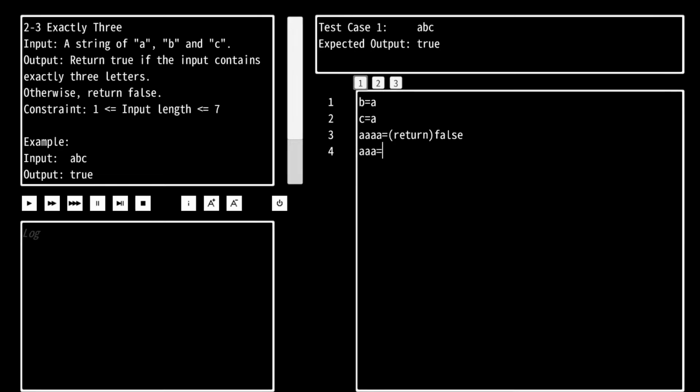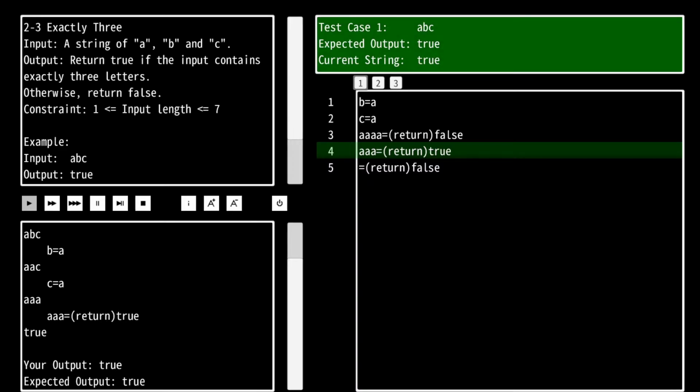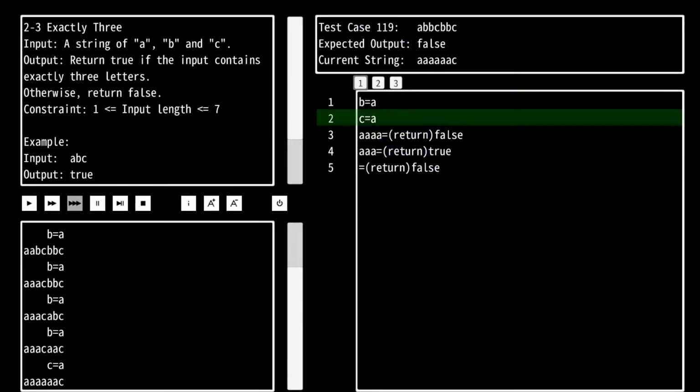If there's exactly 3 A's, we return true. Otherwise, we return false. And that should just work. I mean, I'm going to watch it. So it's going to go, yep, okay.